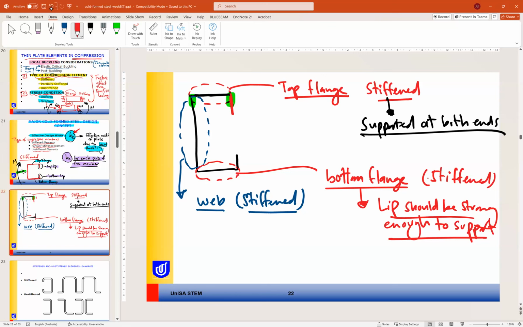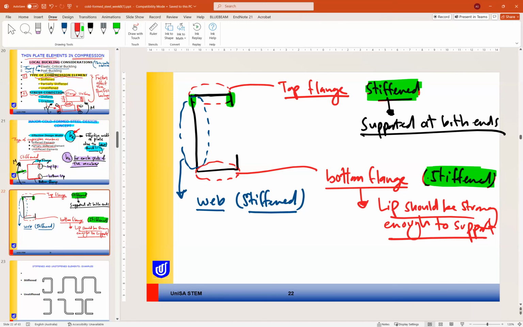So based on some of the criteria given in the standard, we can consider it stiffened or strong enough to stiffen or not. But let's assume it is strong enough to stiffen, so all of these are stiffened plates.